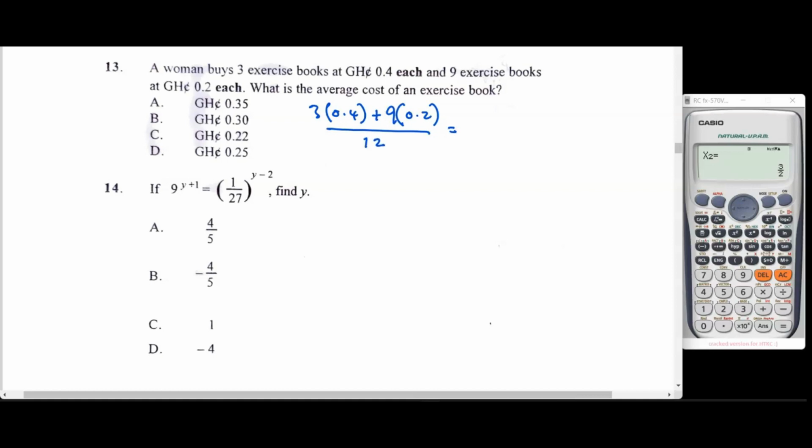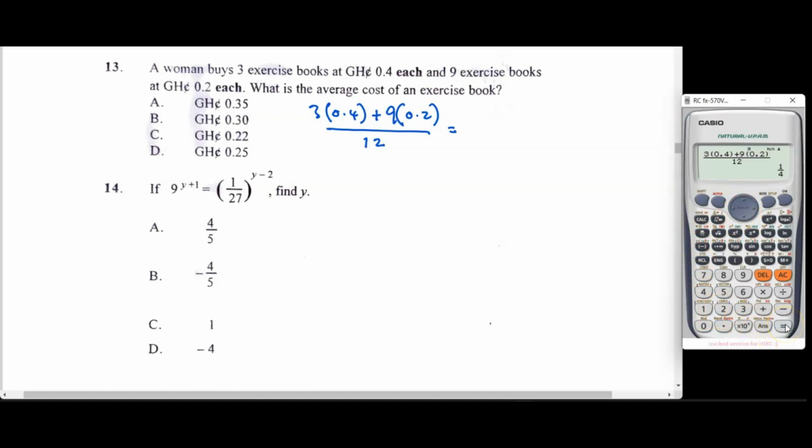And that's going to give us, just use your calculator to do that. So mode and then 1. So we have fraction 3 into bracket 0.4 close bracket, and then plus 9 into bracket 0.2 close bracket, then all divided by 12, which is the total number of exercise books altogether.